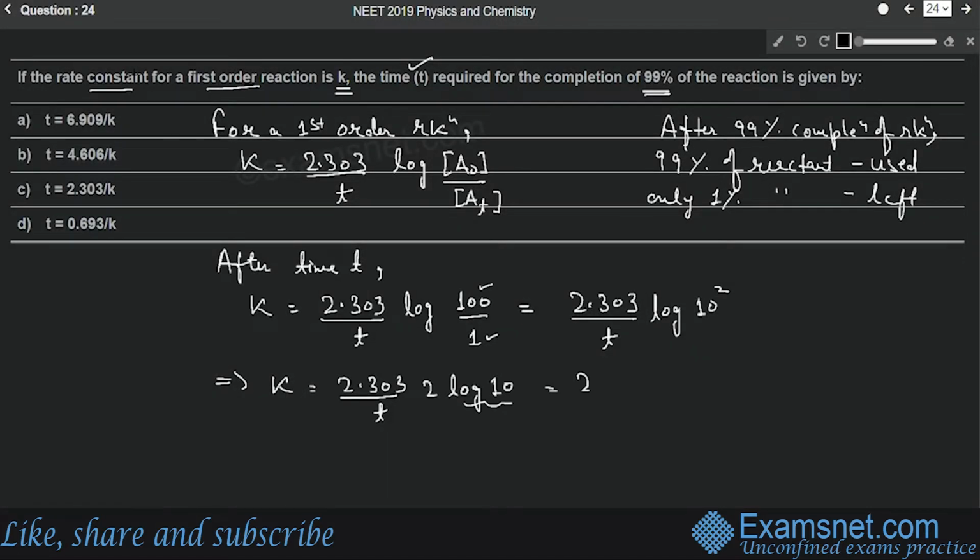So it will be 2.303 by t times 2. On solving this, we'll get 4.606 by t. Now we have to find out the time required, that means the value of t. So t will be equal to 4.606 divided by the rate constant K. So which option will be the correct one? Option number B will be the correct answer.